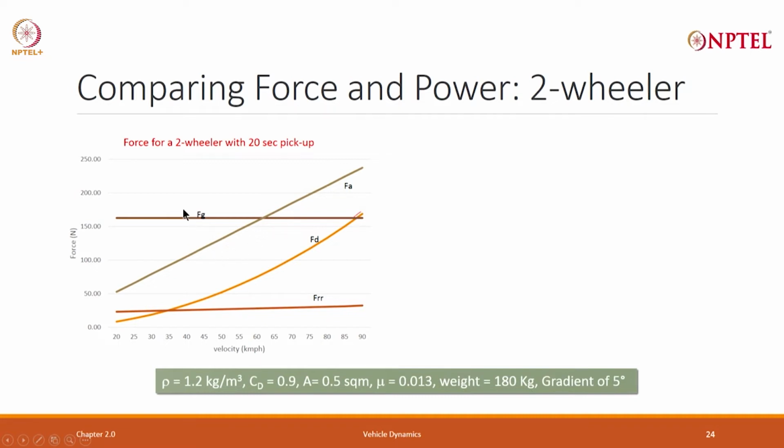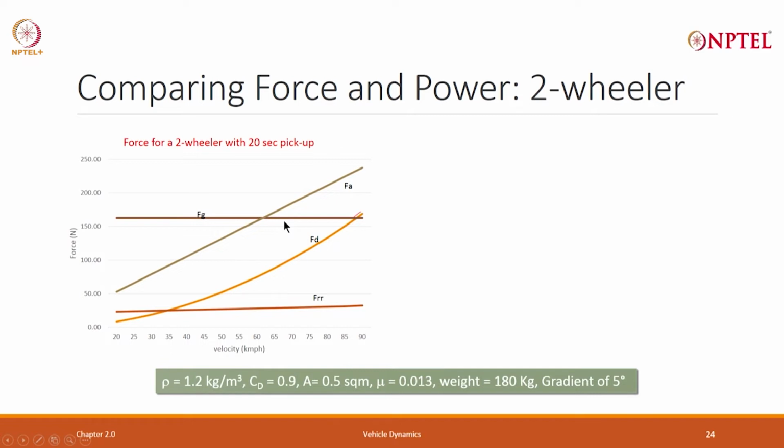If I look at the gradient force, I can forget about the rolling resistance and the force due to the drag. I can actually forget about both these, drag and the rolling resistance, till very high velocity. This is very, very dominant. Of course, this happens only on a slope.